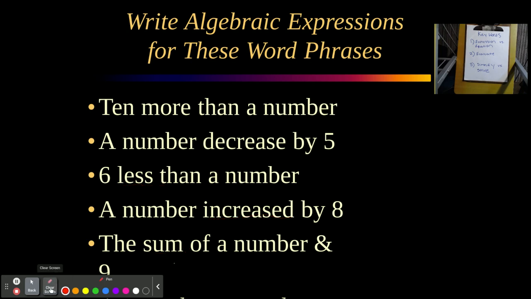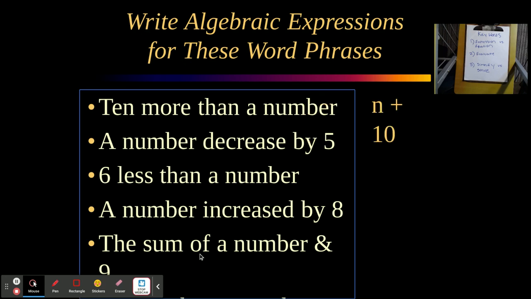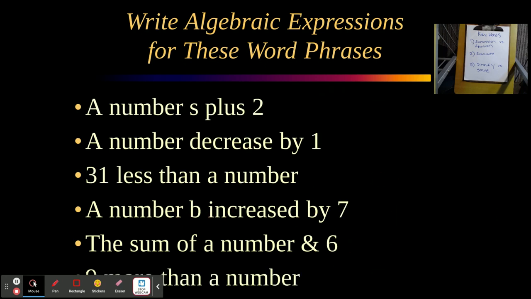Now I'm going to scroll through this because I couldn't get the formatting quite right. This one says a number S. This does tell you what letter they want you to use. So if they tell you what letter, not number, what letter they want you to use, then you're going to use this letter.